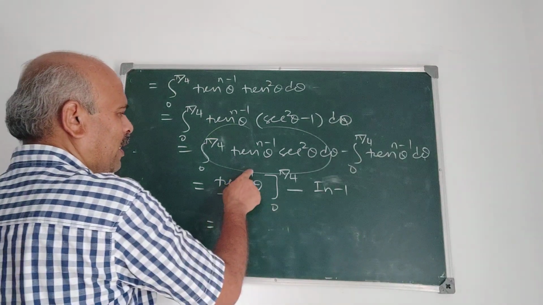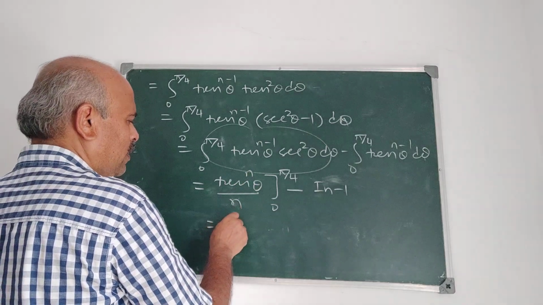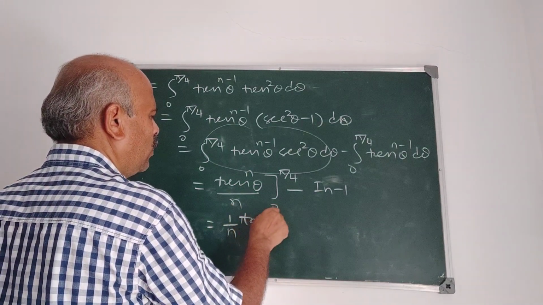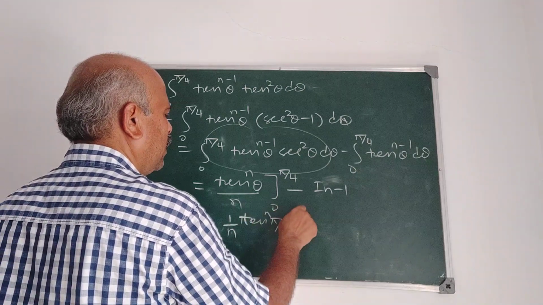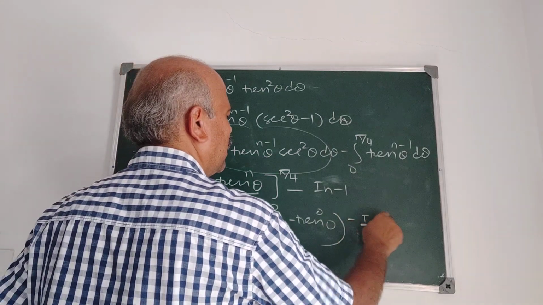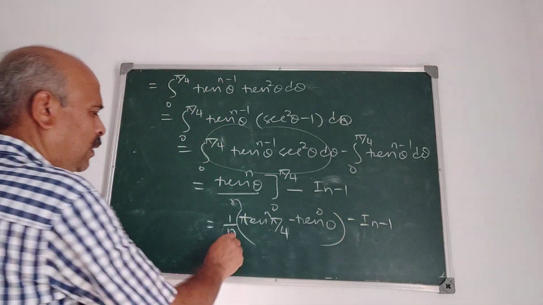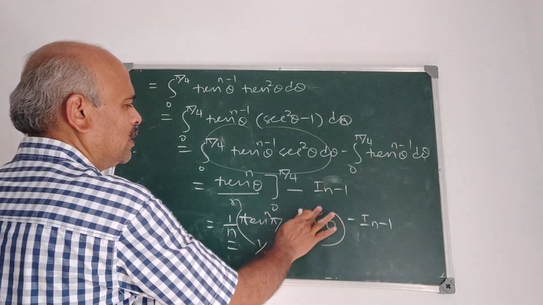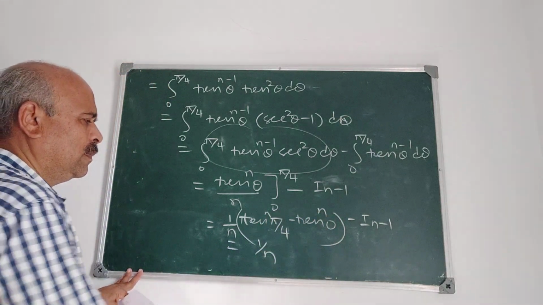So f x raised to n upon n. It is 1 upon n into tan pi by 4 raised to n minus tan 0 raised to n, minus In minus 1. Now it is 1 upon n because tan pi by 4 is 1 and tan 0 is 0.